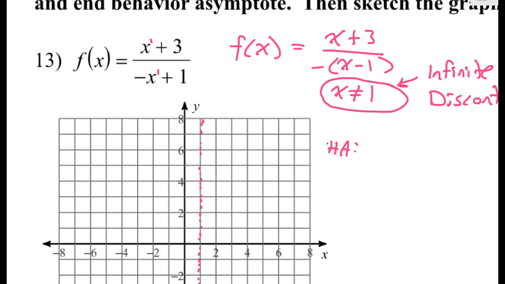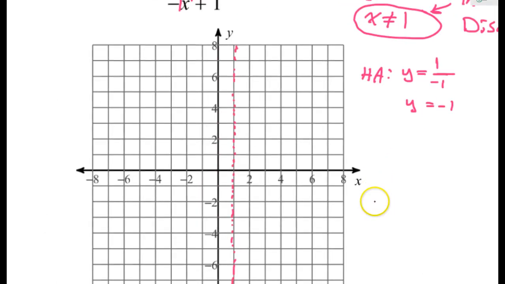So the horizontal asymptote is going to be y equals, and then the coefficient here is 1, and the coefficient down here is negative 1. So it's going to be y equals 1 over negative 1, in other words, y equals negative 1. So this is my horizontal asymptote at y equals negative 1. Let's go ahead and draw that in. This is my horizontal asymptote right here.